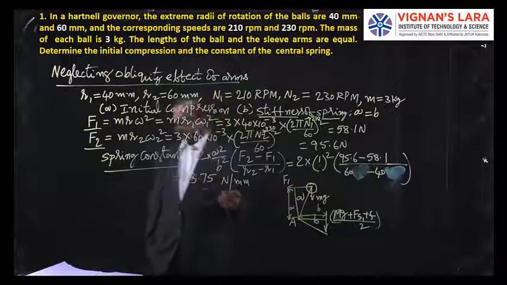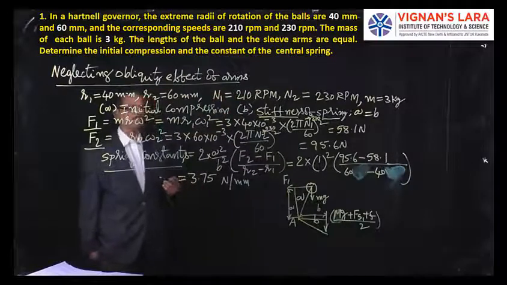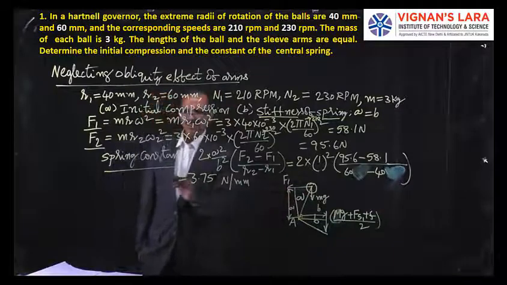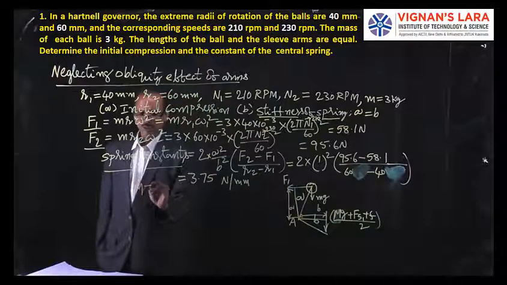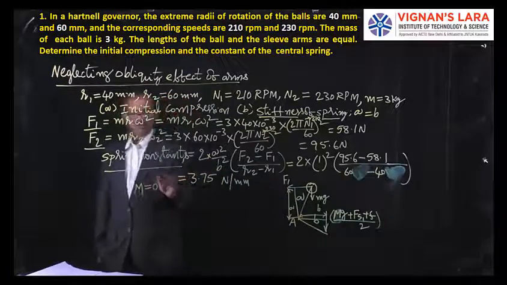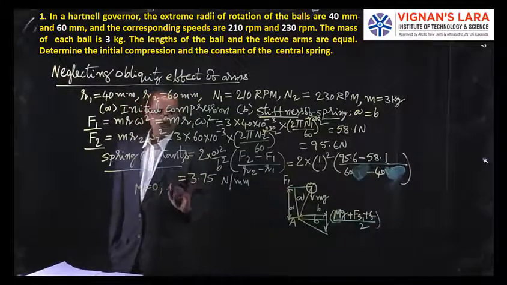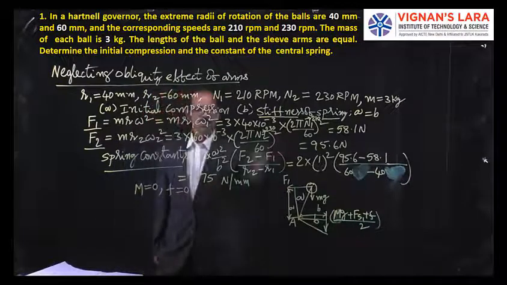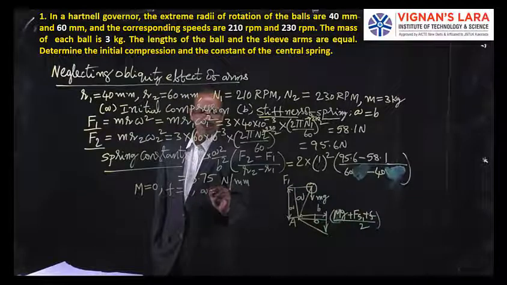I am simply saying both are the same. And in our case, capital M is 0 because the sleeve mass is not given, and friction is also not given, so let me take that as 0, and in the given data A is equal to B.